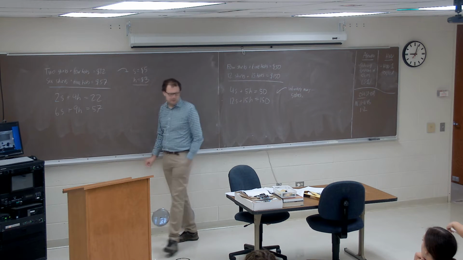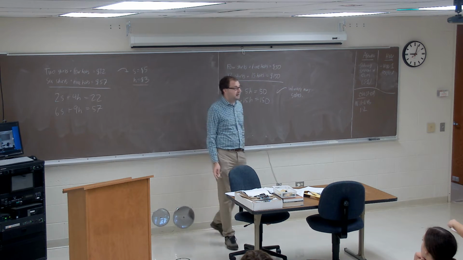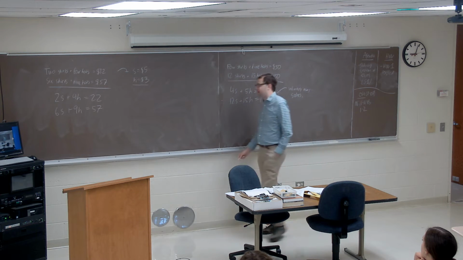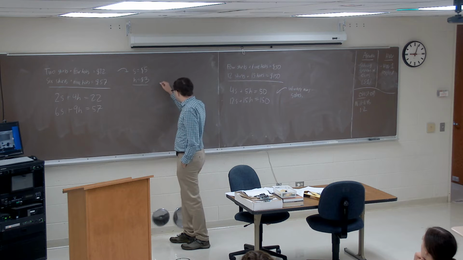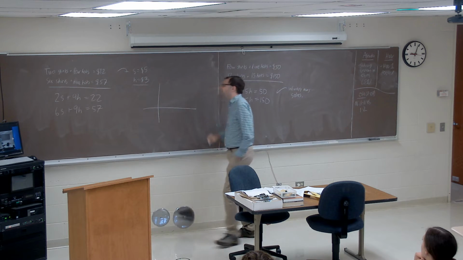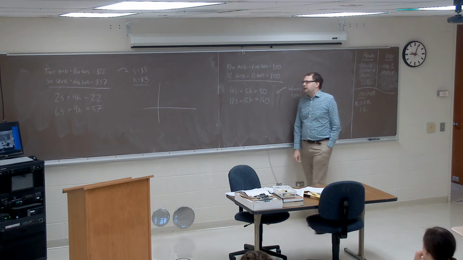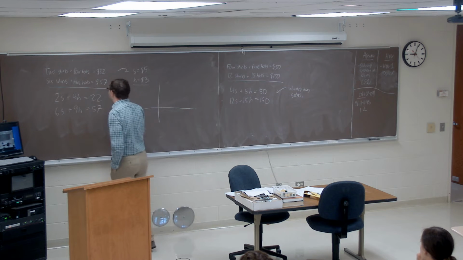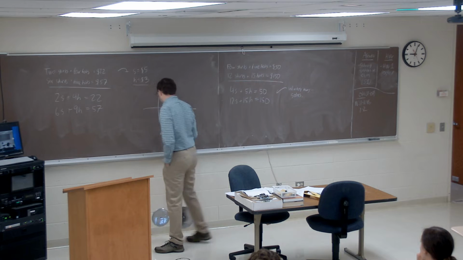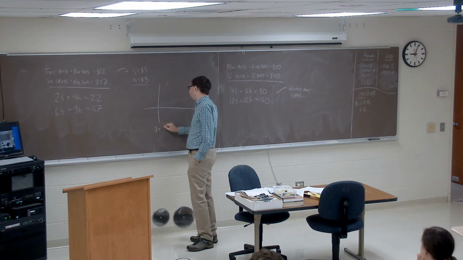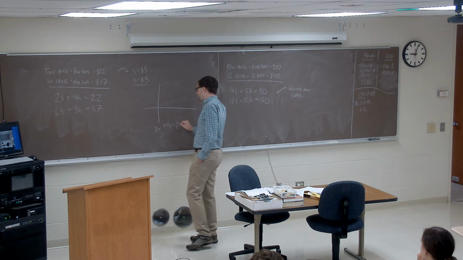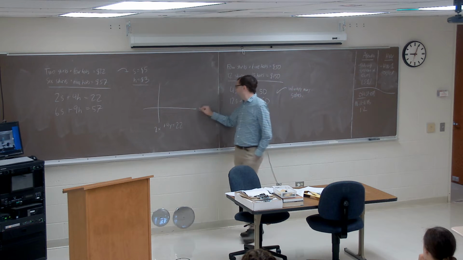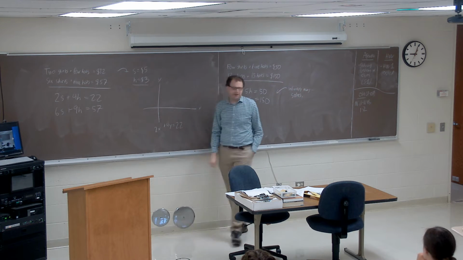So before we move on to the next problem, we could talk a little bit about what these solutions meant graphically. If I were to want to graph the equation 2s plus 4h equals 22, or equivalently 2x plus 4y equals 22, we set up a little xy plane here.